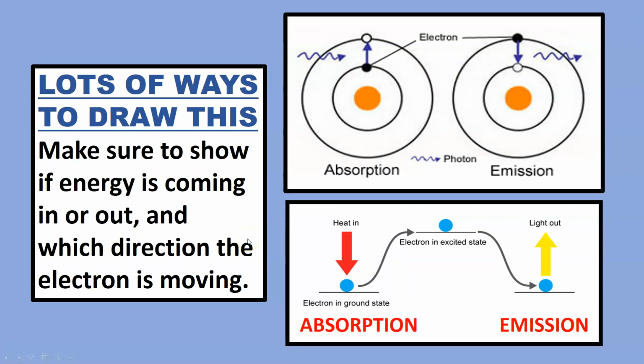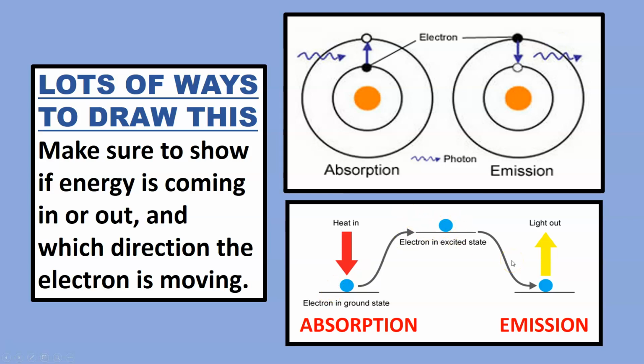So you can draw this lots of ways. You could draw it like a Bohr diagram with the energy going in, showing that the electron goes up. Or you could show the emission with the energy coming out and the electron coming back down. Or you could draw it like this, where you're drawing one level down here and one level up here.